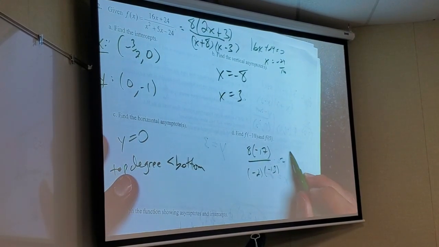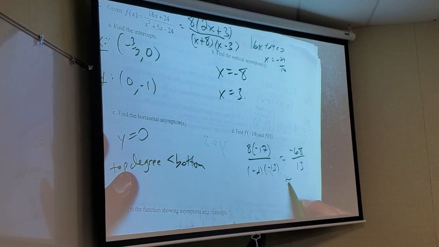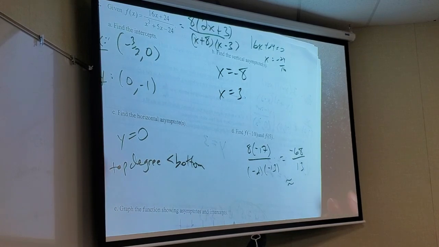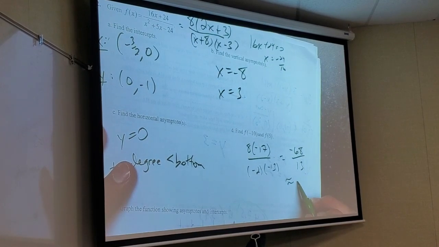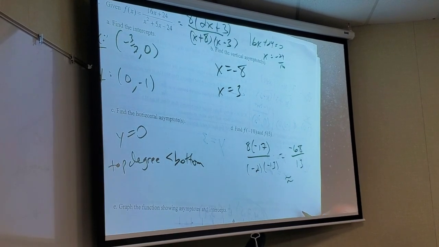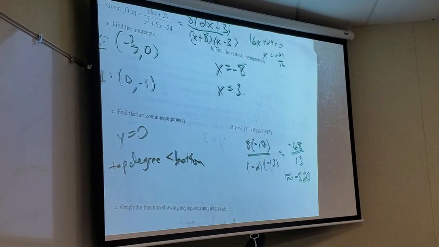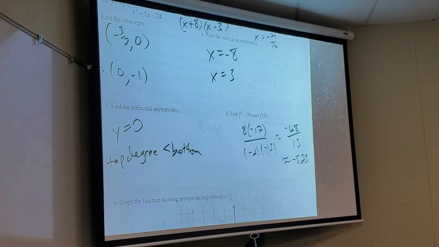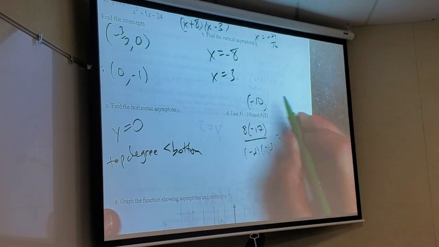Is that negative 68 over 13, which is roughly negative 5.23? Okay, I just couldn't hear. So that's f of negative 10. I know it goes through the point (-10, -5.23). You don't have to be that precise. This is by hand, right?